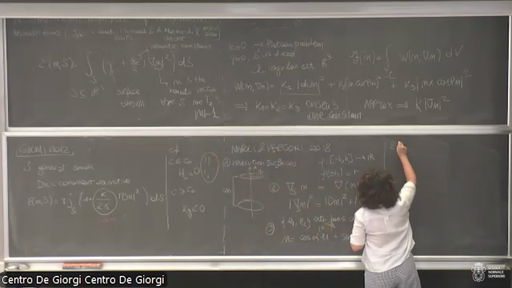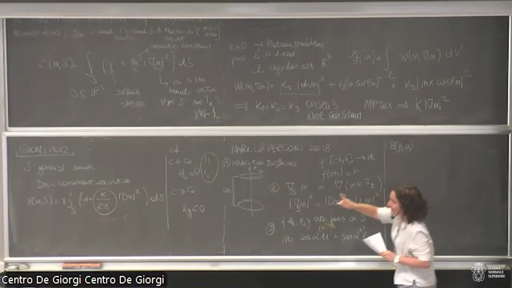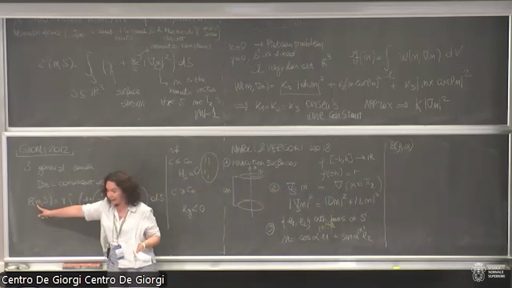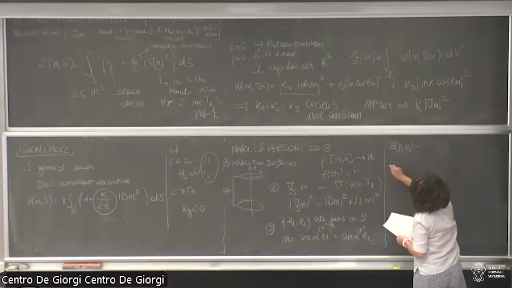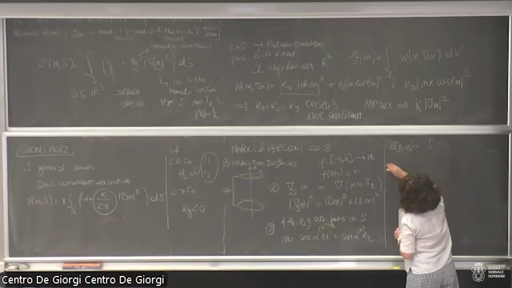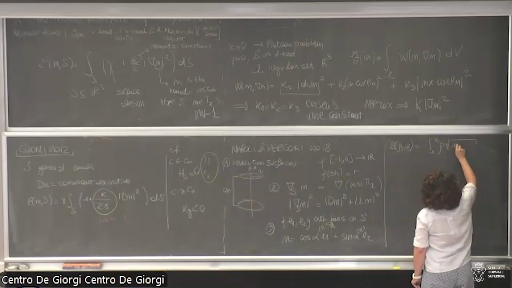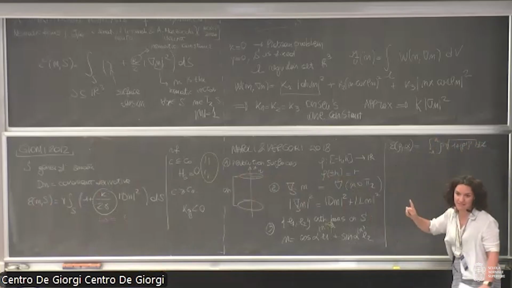So it depends on rho and alpha, because n depends just on an angle, and S depends just on the function rho. So this is equal to minus H, the area term. This is classical.